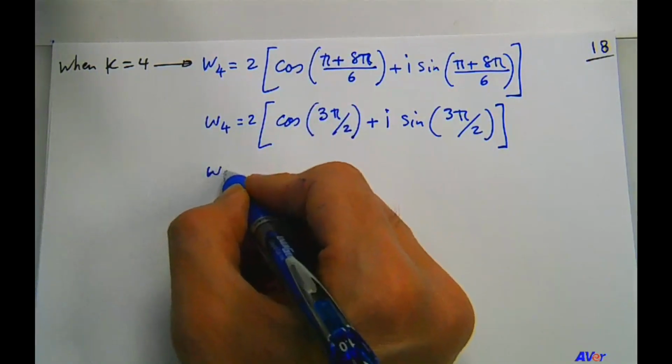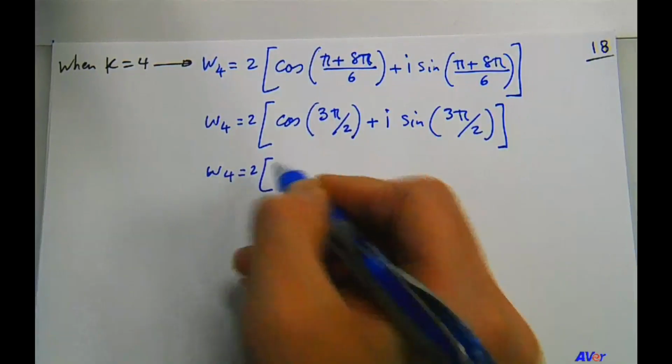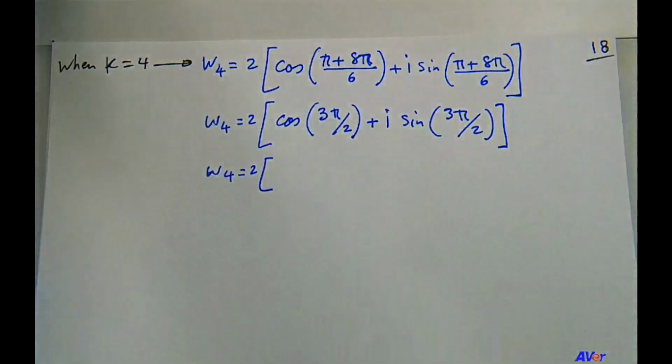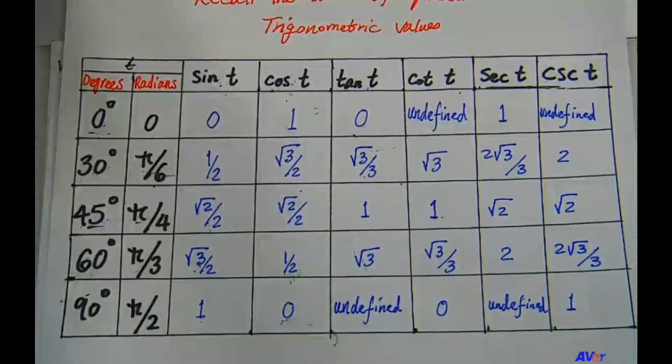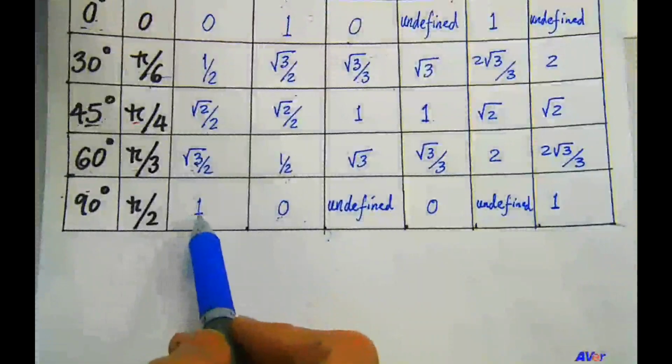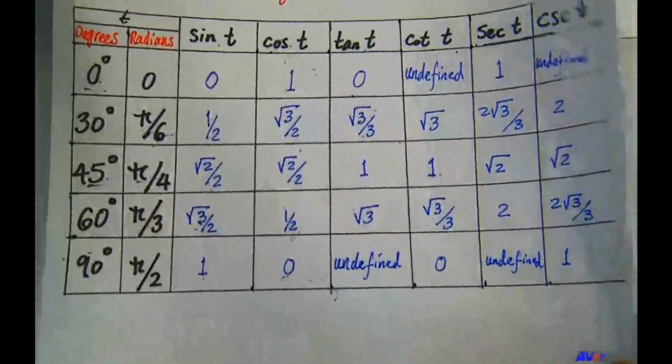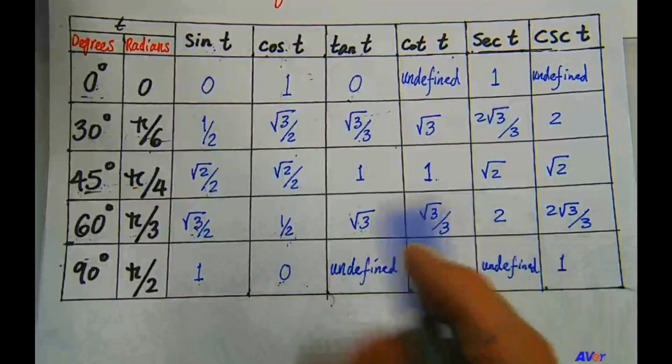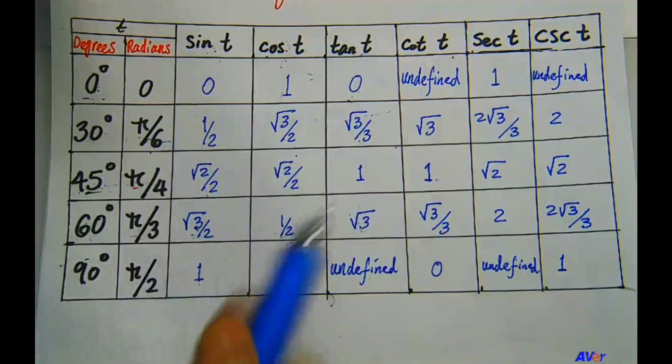So therefore, let's remember what those values are. For pi over 2, which is the reference angle for 3 pi over 2, this is in the first quadrant, right? It's positive 1, the sine of pi over 2. So the sine of pi over 2 is 1 in the first quadrant.